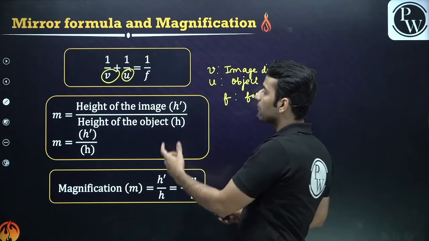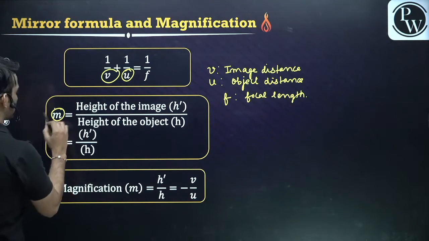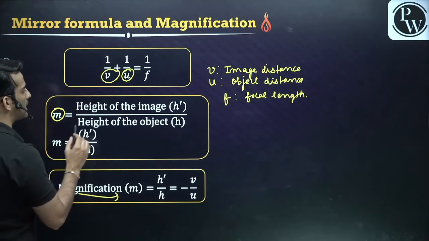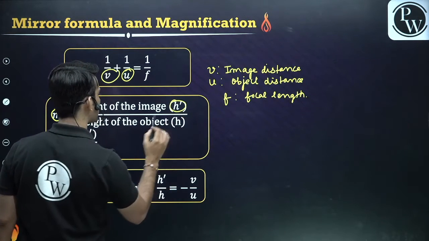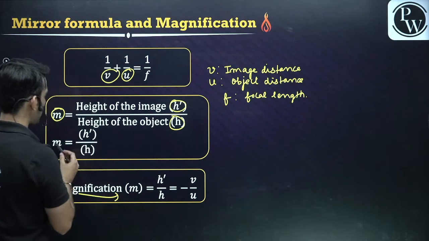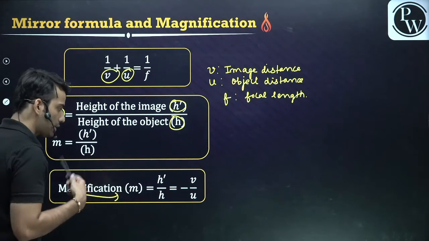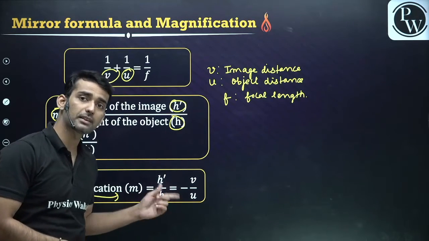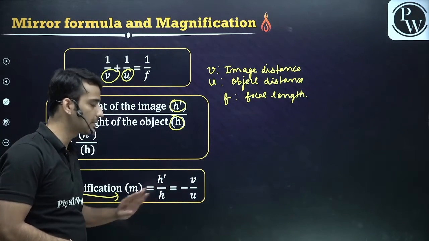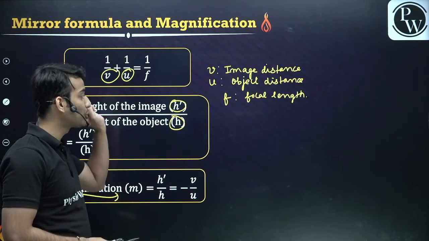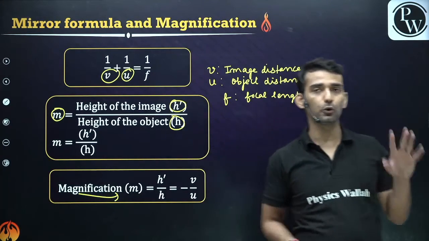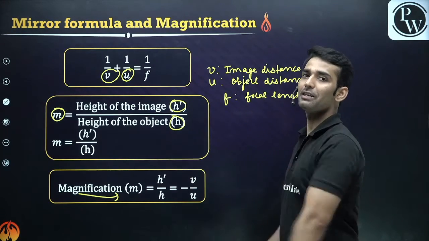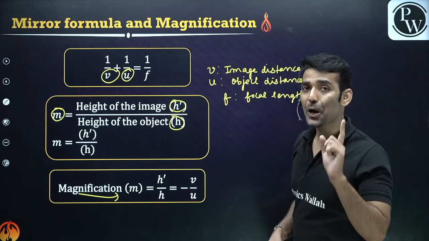Now we have the formula for magnification. This m is the magnification. It is the ratio of image height to object height. Image height is h dash, object height is h. So m equals h dash upon h, or it is also equal to minus v by u. This minus is present in the formula. So guys, these are the two formulas you should know to calculate any parameter related to the image formed by a spherical mirror.